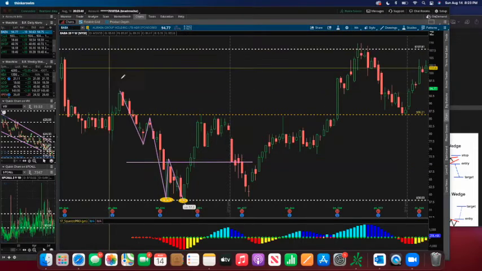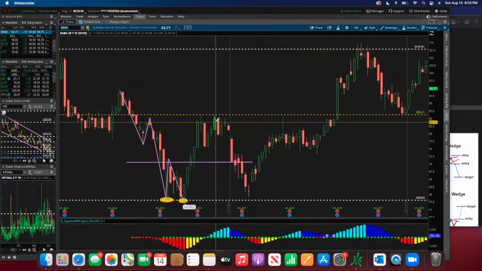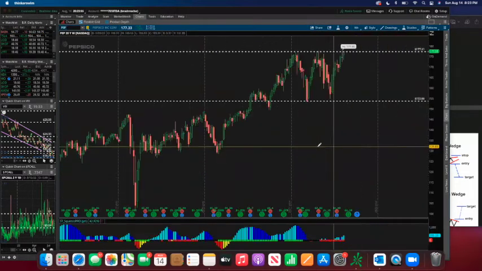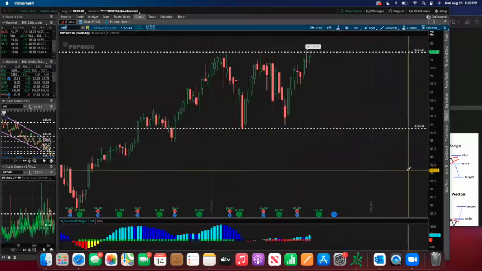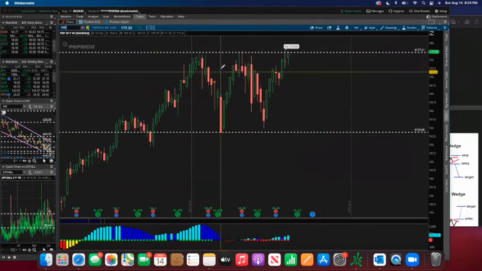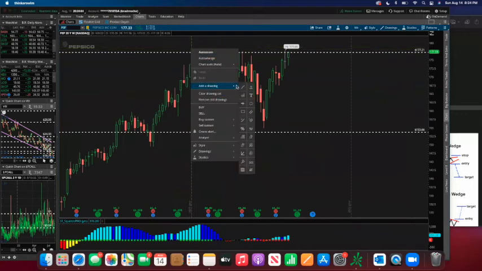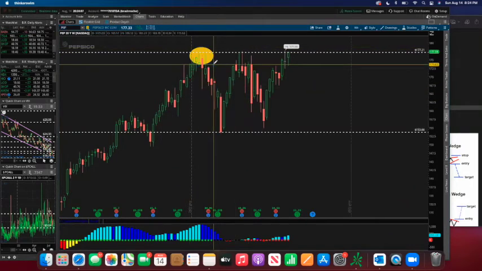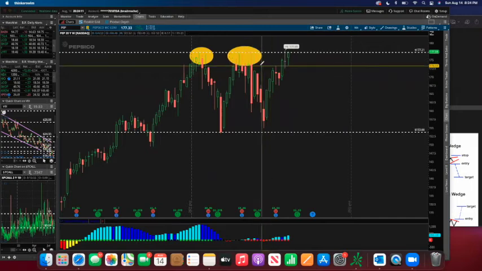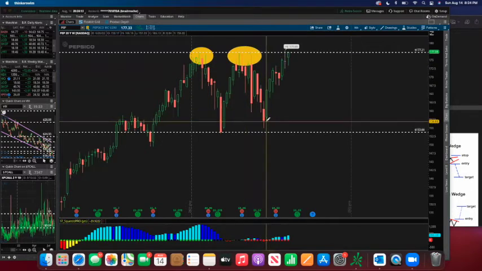Okay, so the next thing I'm going over is the double top. This one hasn't necessarily played out and could be a triple top, but the concept is still there. You can see where price refused to go higher in an uptrend and then ultimately rejected and moved back down.